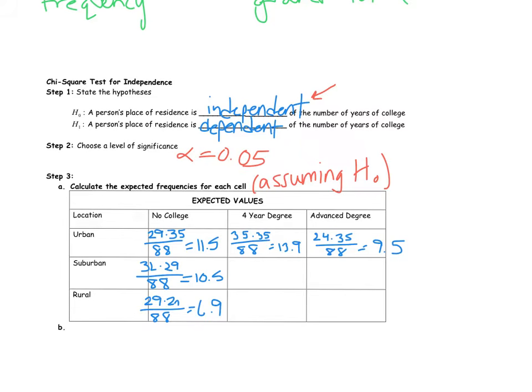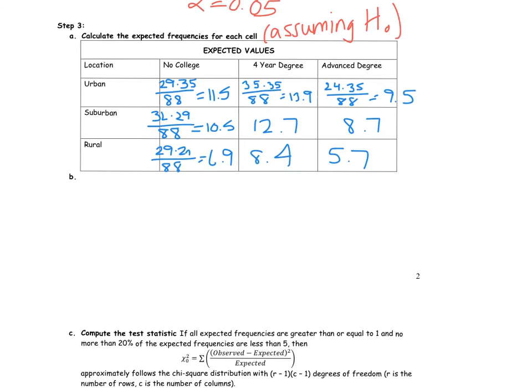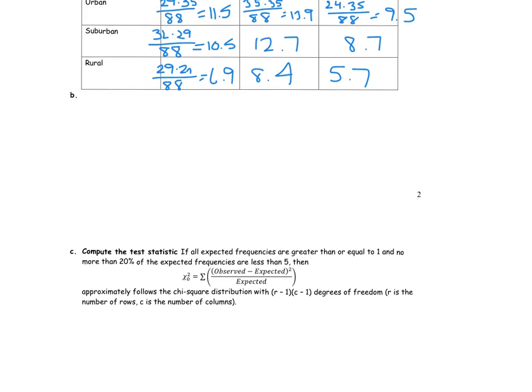I'll fill in the rest of the numbers instead of all the calculations, and we're ready to go. All right, so again, we're going to be comparing these expected values with the actual observations from our sample.